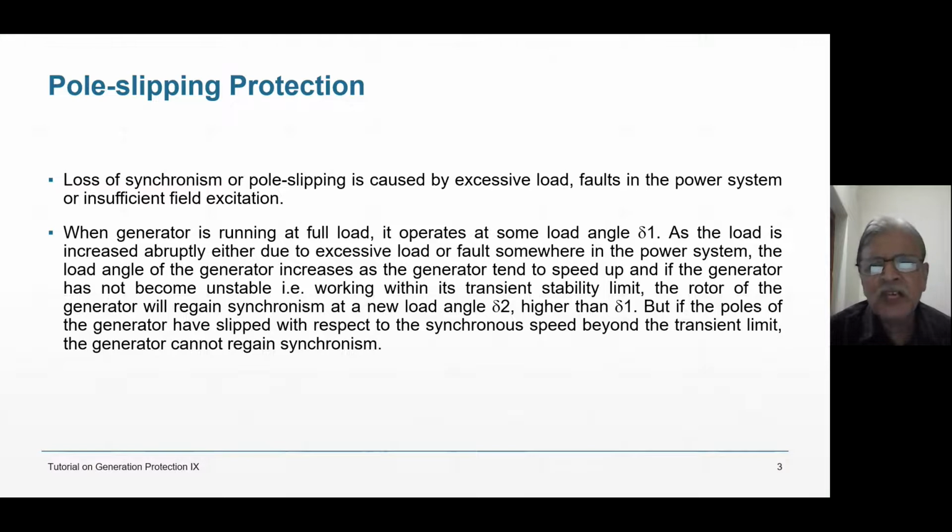To understand, let us see that when the generator is running at full load, it operates at some load angle delta 1, and all the generators are running at that load angle delta 1 because they have to be in synchronism under normal working operation.